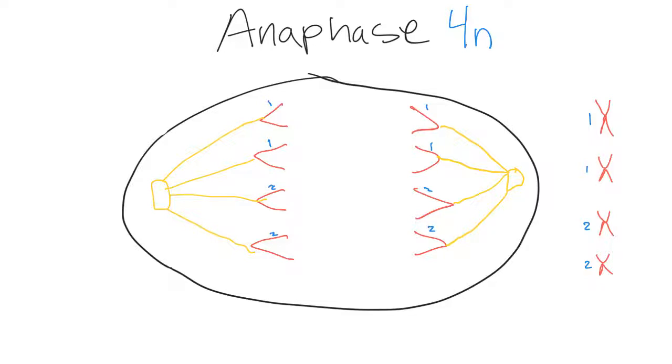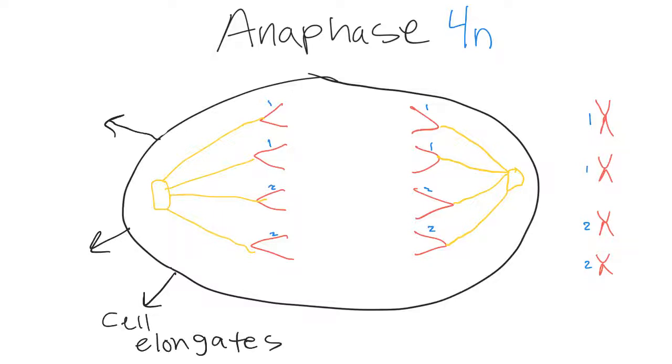All right, so there are 2 parts of anaphase. One part is the cell elongating, and that's just by the cell elongating, that's pulling the chromosomes apart. And the second part is the microtubules are contracting. What does that mean exactly?